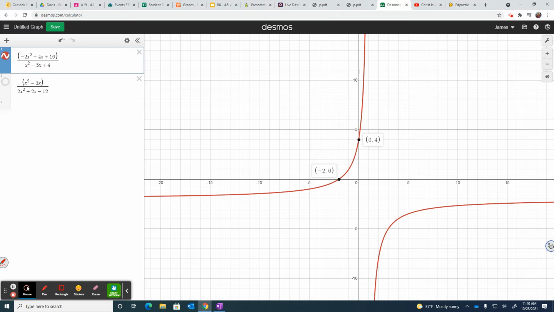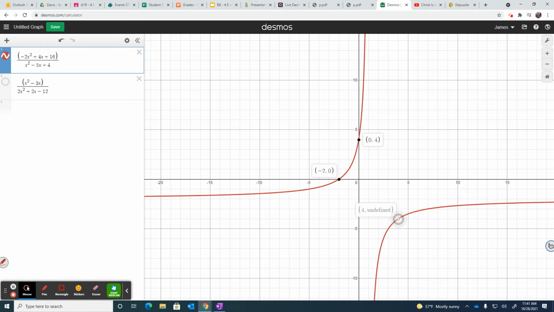And then notice we also said that x equals, was it 3 was undefined? Where is it undefined? Let's see. Where is it undefined? 4. Is it 4? Okay, 4.